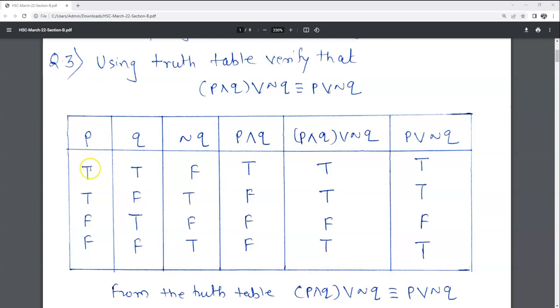आता याला लिहिण्याची एक सोपी पद्धत तुम्हाला सांगतो, कशी आठवण ठेवायची. P आहे ना, and then since there are 4 entries, half the entries true and half the entries false. TTFF हे half आहे, त्याच्यानंतर पुढचे परत half करायचे. हे 2 केले त्यानंतर 1 by 1.